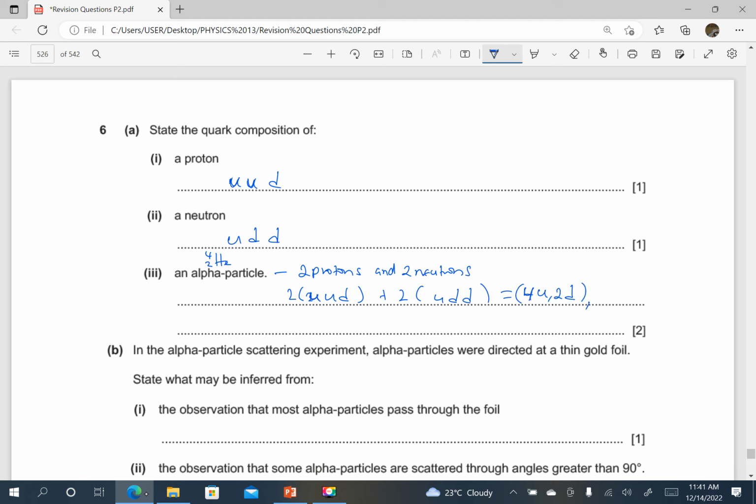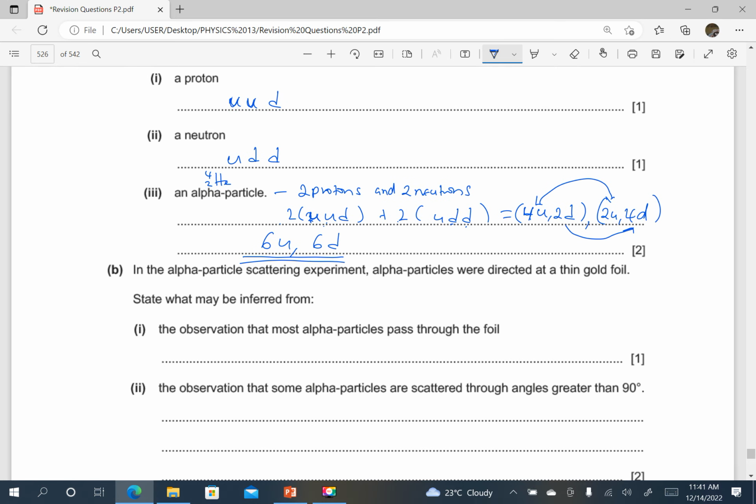In the second bracket you have 2 up and 4 down, because there are 2 down here times 2, that is 4, and 2 up here times 2, that is 4. So you combine the up quarks, those are going to be 6 up. Then you combine the down quarks, those are going to be 6 down. So an alpha particle has 6 up and 6 down. So this is the final answer here.